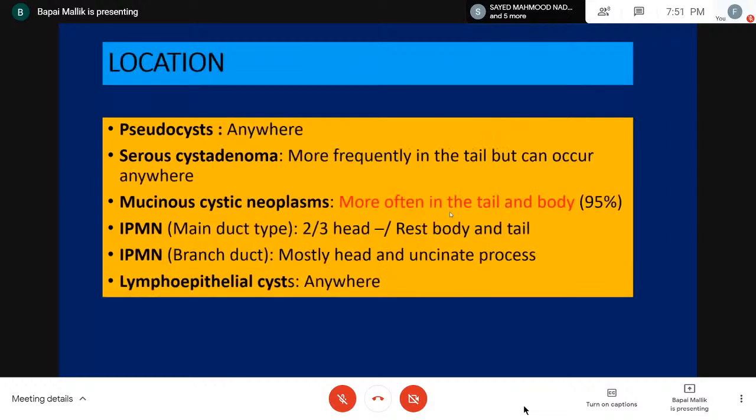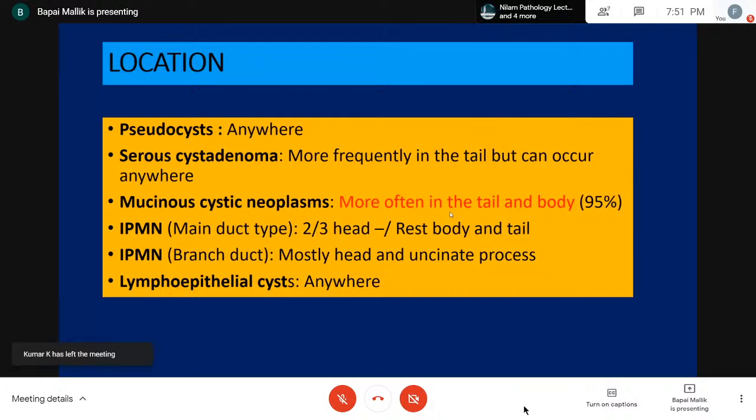Now, what about the locations? Pseudocysts actually can be located anywhere. Some studies show that they are more common towards the tail. Serous cystadenomas are most frequently found in the tail of the pancreas, but can occur anywhere. Mucinous cystic neoplasms, and this is very crucial, most often occur in the tail and the body of the pancreas.